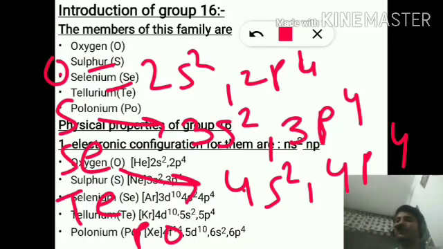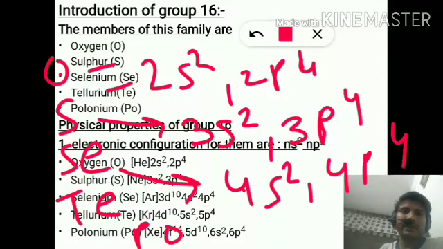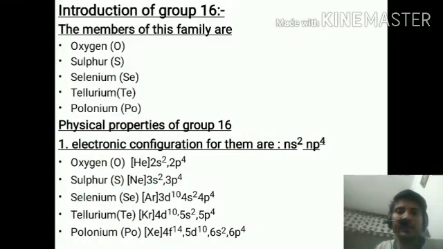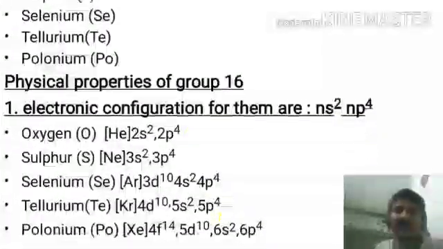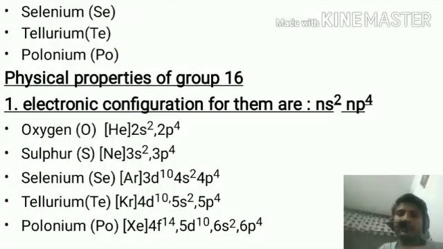So this is the series of electronic configurations of the 16 group elements. You can see and understand it very well. And now look at the theory: oxygen, sulfur, selenium, tellurium and polonium.